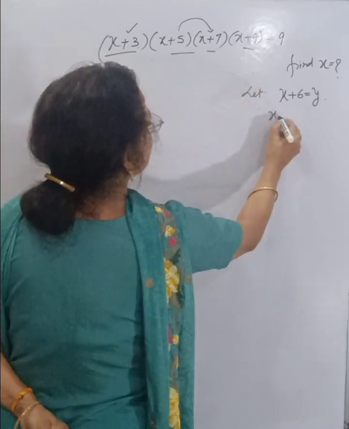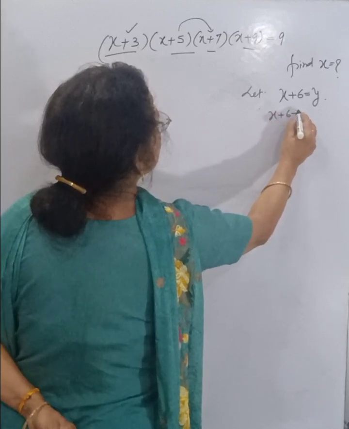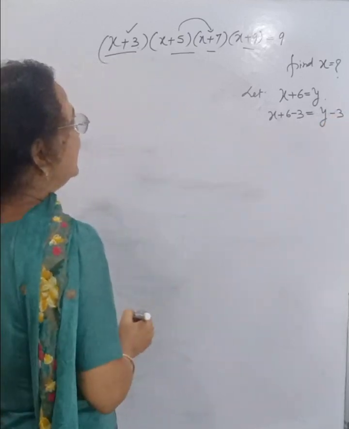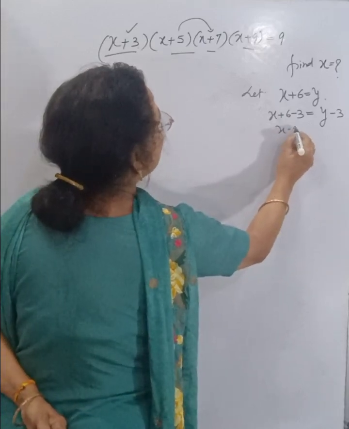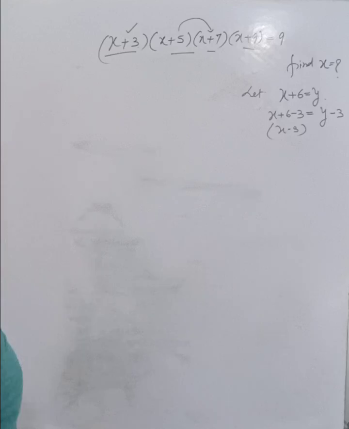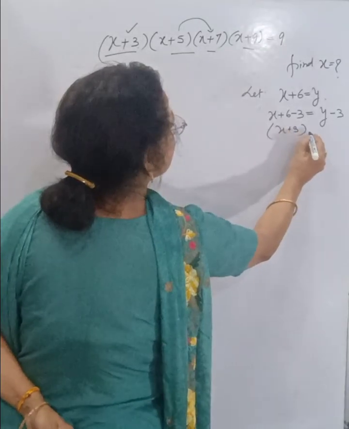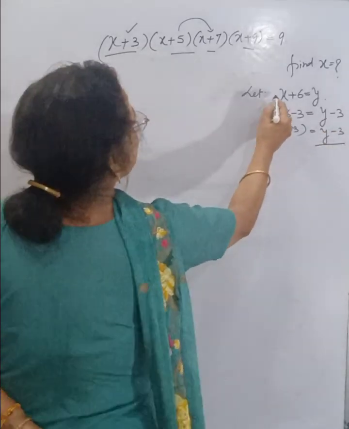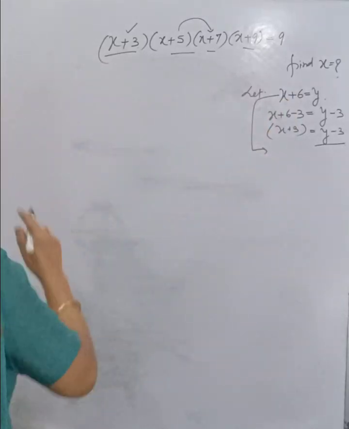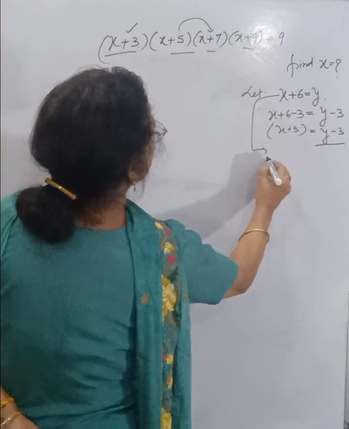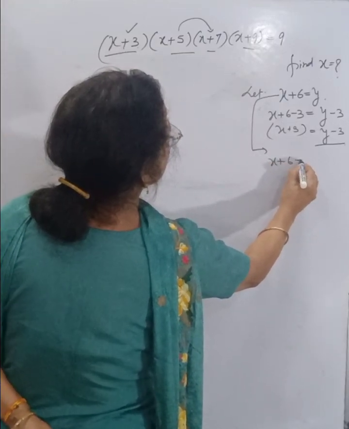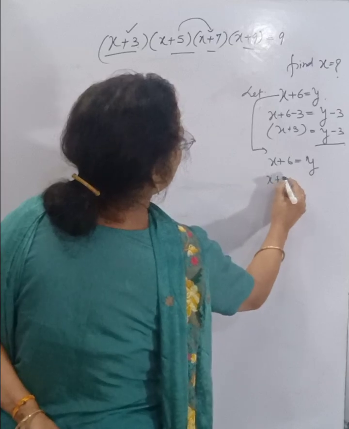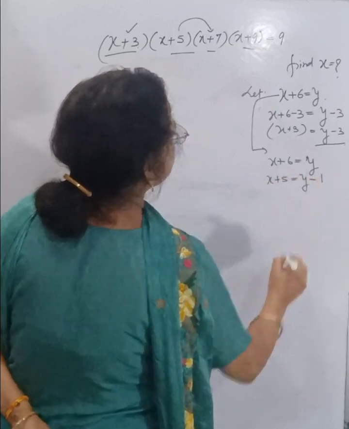It means x plus 6 minus 3 is equal to y minus 3, meaning x plus 3 can be written as y minus 3, as per this assumption. Similarly, x plus 6 is equal to y because we have assumed this, so x plus 5 can be written as y minus 1. Clear?